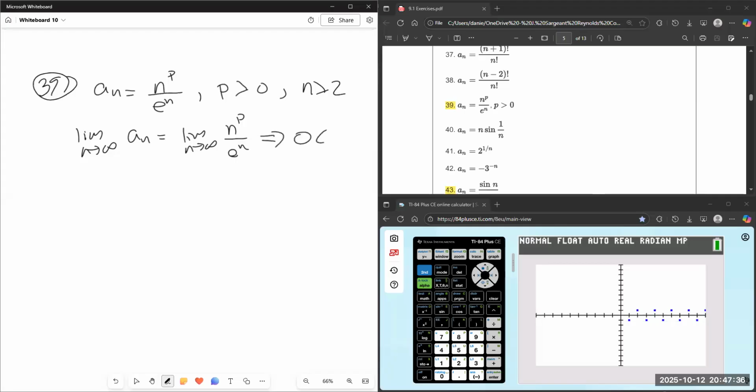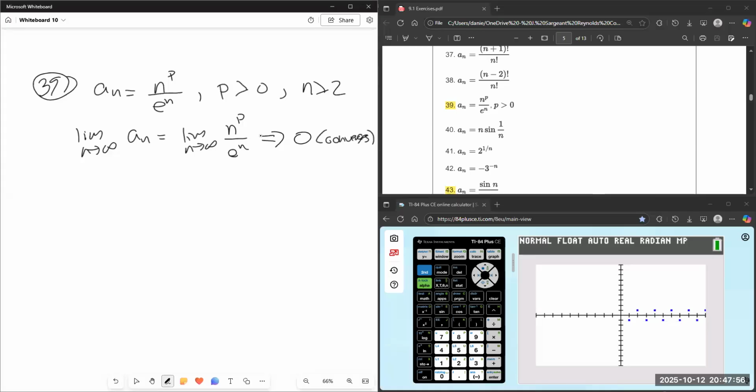And so it converges. I hope all that makes sense. I can't really show you L'Hopital's rule an infinite number of times here because we don't really know how big P is, but I could give you some examples for however big P is.